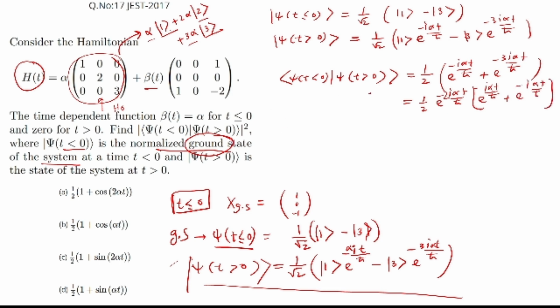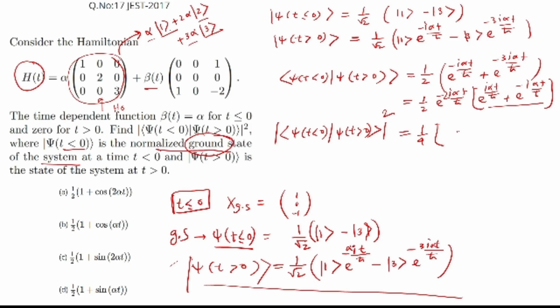Then take mod squared, so that is the probability. So psi of t less than 0, psi of t greater than 0, taking mod squared. If we take the mod, the phase factor cancels, and the 1 by 2 squared gives 1 by 4. And this part is basically e to the power i theta plus e to the power minus i theta divided by 2, that is cos theta.